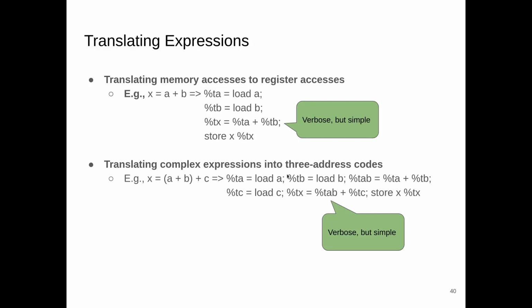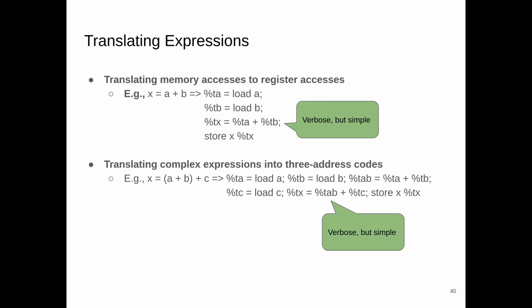As I said, this form of the code is usually called 3-address form or 3-address code, where each instruction has at most 3 addresses. And you can see that every complex expression can actually be translated into 3-address code. So if there are more arithmetic operations like multiplication, division, and other things in a complex way, we can recursively translate this very complex expression into such a form using 3-address code.